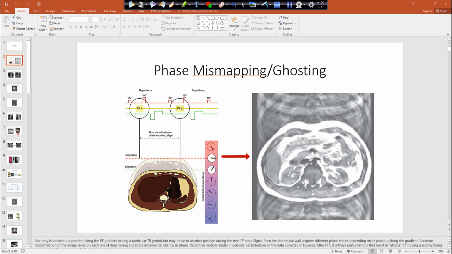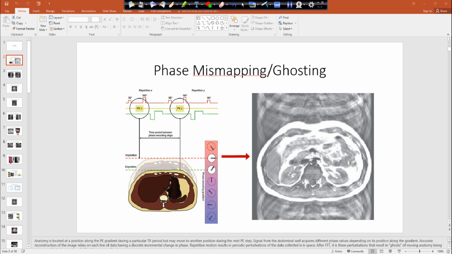So this mismapping happens on the phase encoding axis because this is the gradient that changes every TR period. So when we first encode the data, we select a phase encoding gradient that's either steep, shallow, or in between. And then the patient, due to involuntary motion, is breathing during our scan.